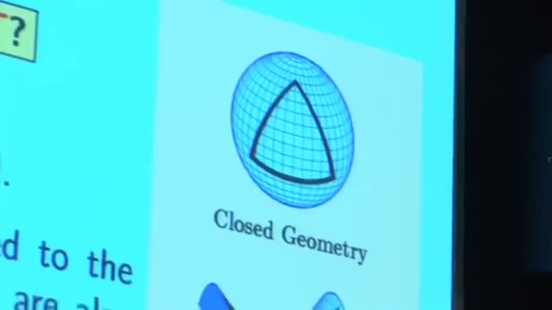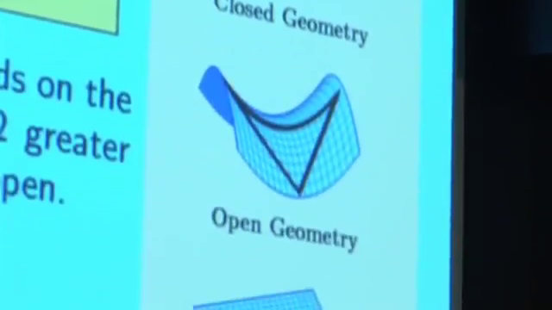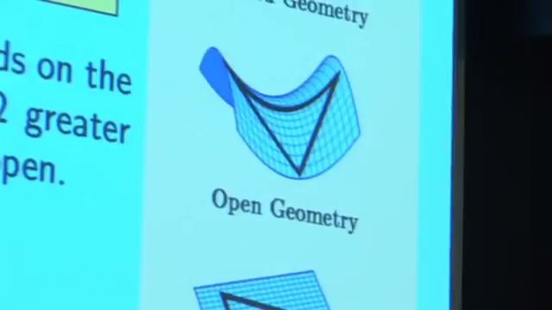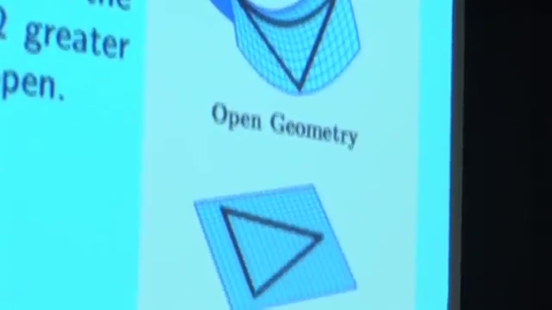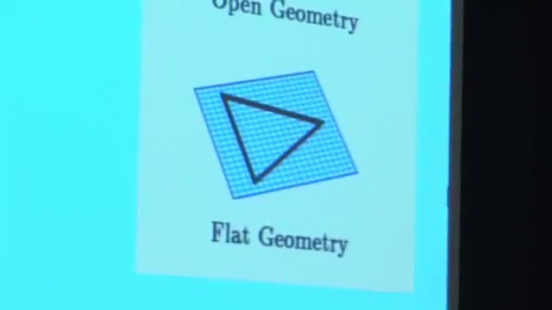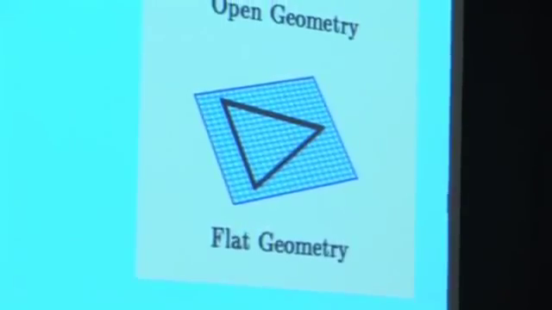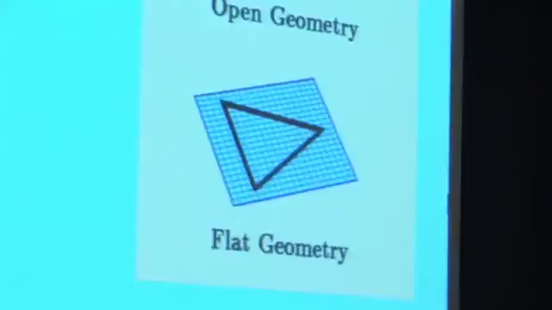Now, according to general relativity, there are three possible geometries if you assume that the universe is homogeneous and isotropic, same in all places, same in all directions. And they are a closed geometry, which is like the surface of a sphere, an open geometry, or a flat geometry, where flat is the Euclidean case. And that's the case that we're very close to and what we're now trying to explain. According to general relativity, the flatness of the universe is related to its mass density.